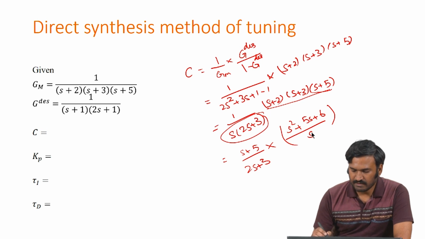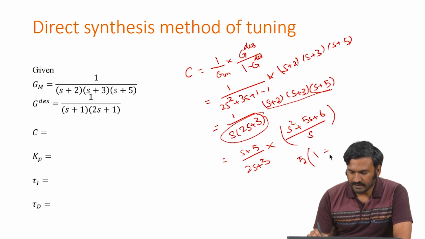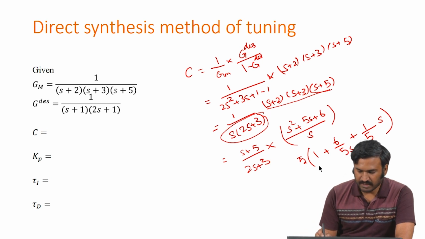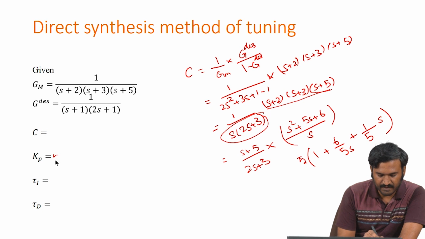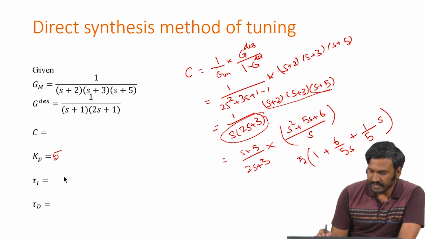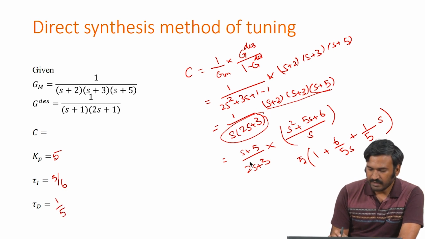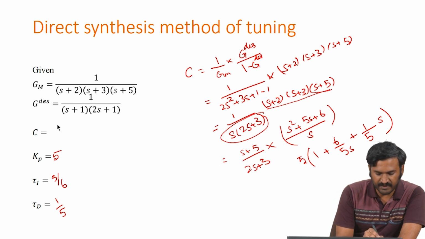That can be computed as 5 times (1 plus 6 by 5 s plus 1 by 5 times s). Now Kc here is 5, tau I is 5 by 6 and tau D is 1 by 5, and the filter function is (s plus 5) by (2s plus 3).